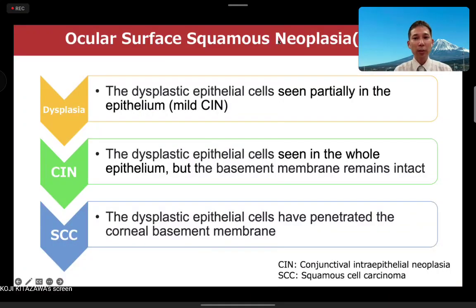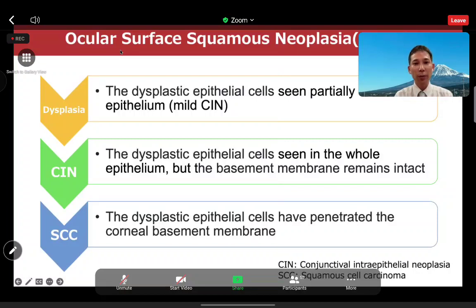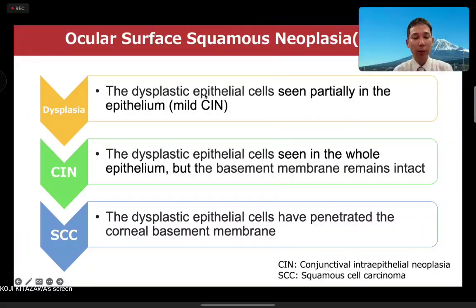This ocular surface squamous neoplasia is categorized into three types of tumor according to the stage of the tumor. If dysplastic epithelial cells are seen partially in the epithelium, it is dysplasia.